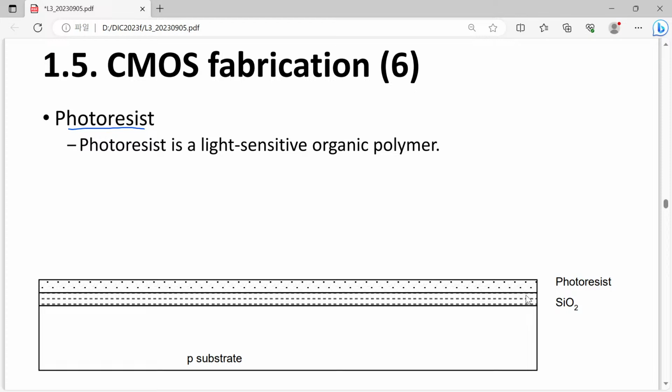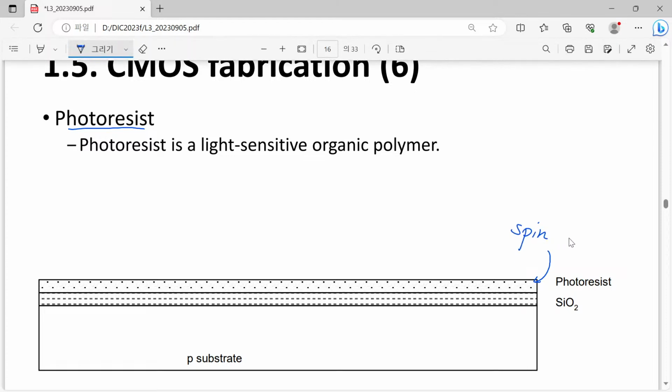Usually that photoresist is spin-coated. Simply speaking, if you have a wafer, then there is a drop of your photoresist.